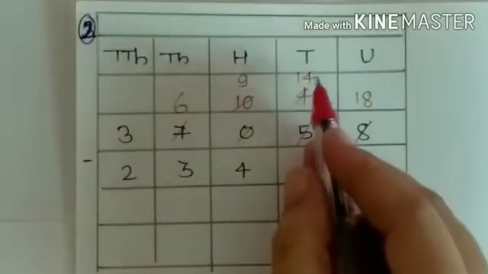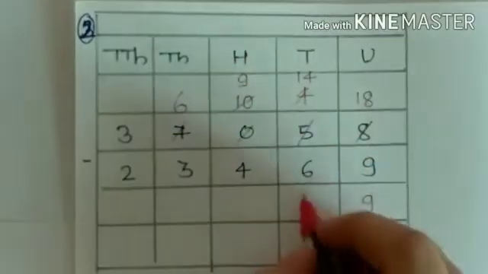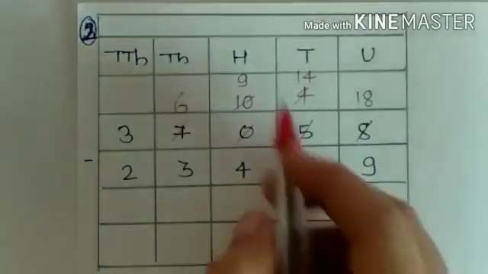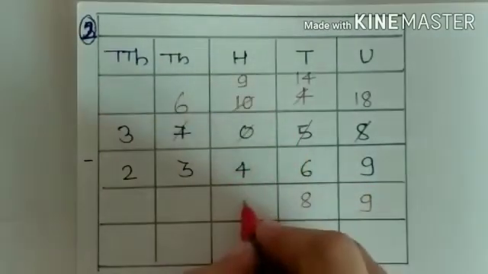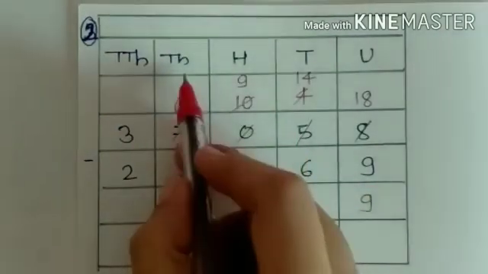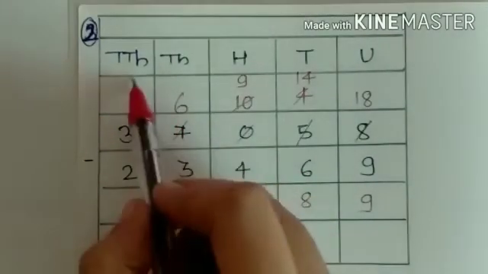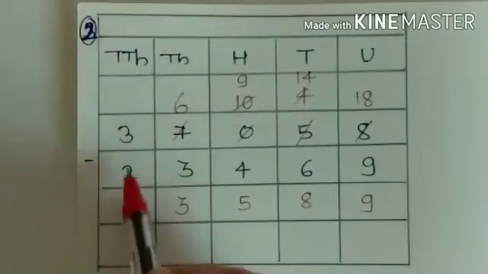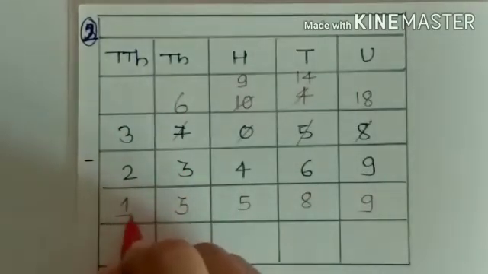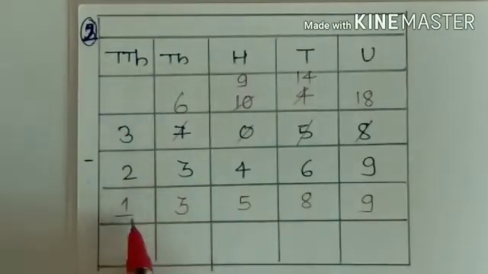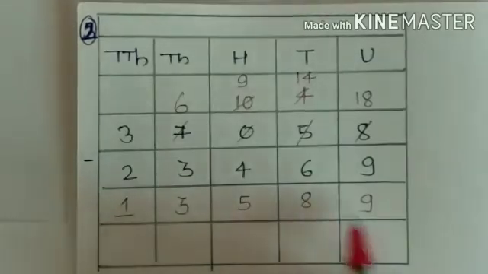After subtracting 6 from 14, we get the answer 8. Now in the hundreds place, 9 minus 4 is 5. Coming to the thousands place, 6 minus 3 is equal to 3. And in the 10,000s place, 3 minus 2 is equal to 1. So the answer is 13,589.